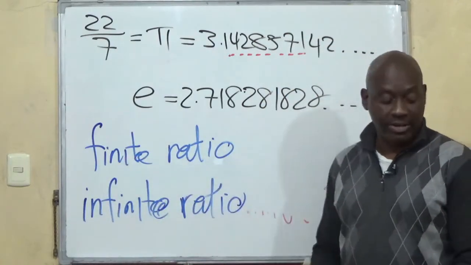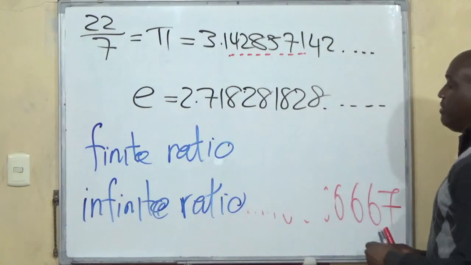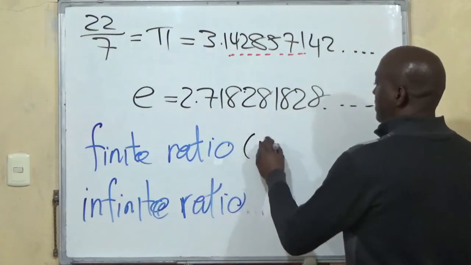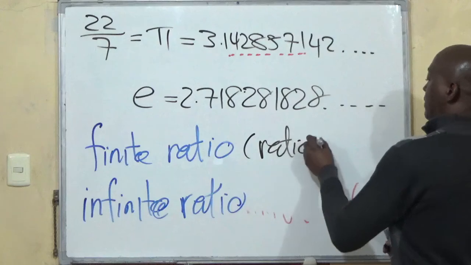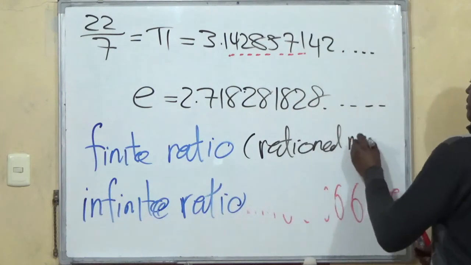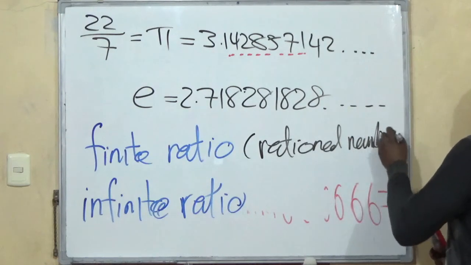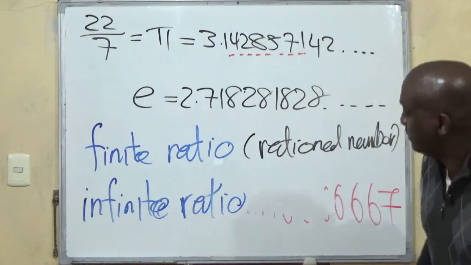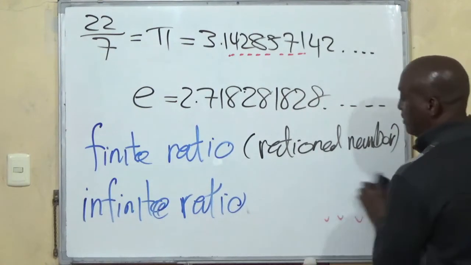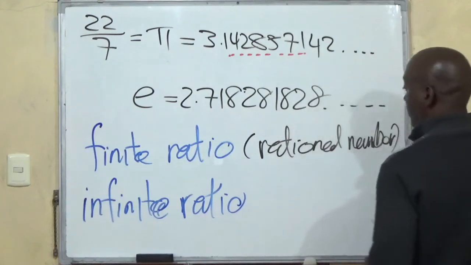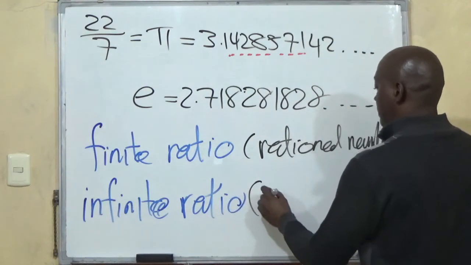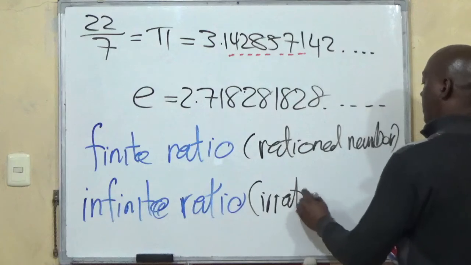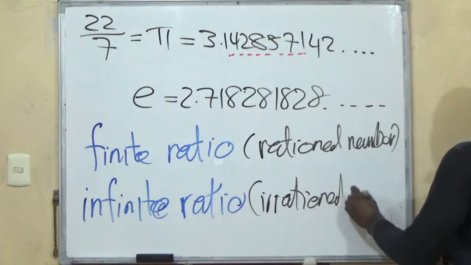This will give you your rational number. So your finite ratio will give you your rational number, and your infinite ratio is what will give you your irrational number.